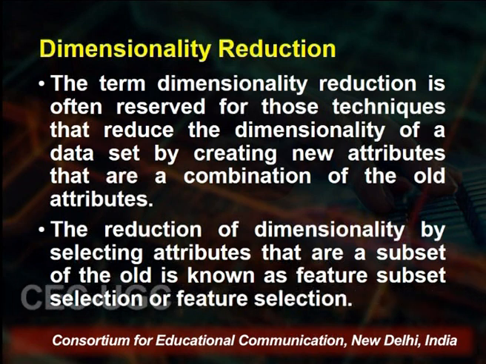Now, it is very clear that there are multiple benefits which accrue from this exercise of dimensionality reduction. The first and foremost is that many data mining algorithms work better if the dimensionality, or the number of attributes, is lower, right. The algorithms are designed for a specific number of attributes, and they will work most optimally if they are working with a lower range of attributes than what is specified.